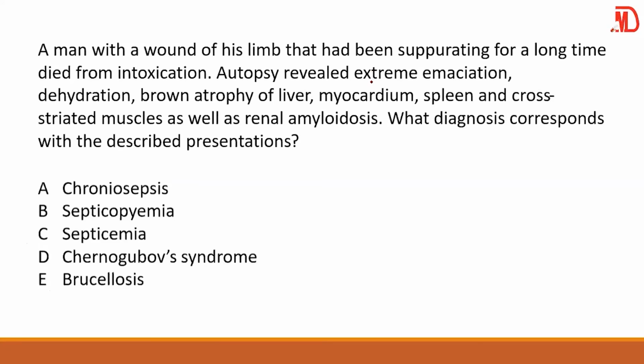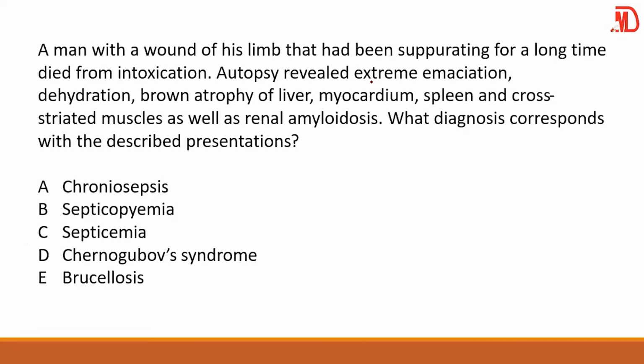I've seen the question here. They are saying that a man with a wound of his limb that had been suppurating for a long time died from intoxication. When we say intoxication, poisoning. Now, autopsy revealed extreme emaciation, dehydration, brown atrophy of the liver, myocardium, spleen, and cross-striated muscles, as well as renal amyloidosis.